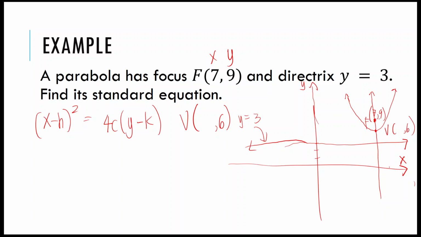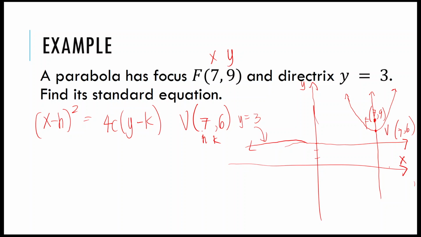So kung ano man po yung x coordinate ni focus, yun na rin yung x coordinate ni vertex. So we get that. Now, we are complete with the coordinates of the vertex. Meron na tayong (h, k) = (7, 6). Ito actually yung (h, k) natin.